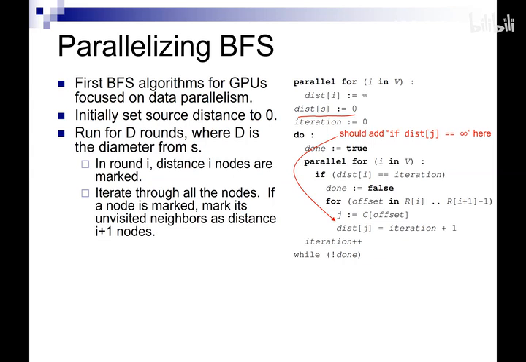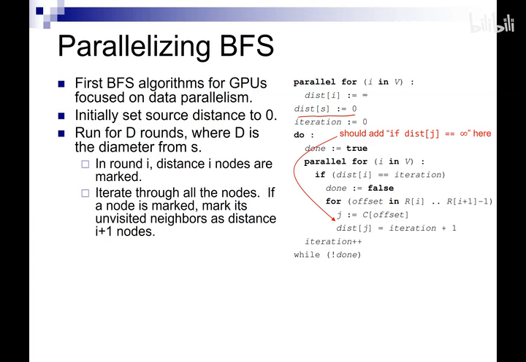And these early papers on BFS for GPUs ran for order D rounds, where D is the diameter. Basically, in round I, you identify all of the nodes which are at distance I. To do that, it actually iterates through all of the nodes in the graph, including the ones that have already been visited.